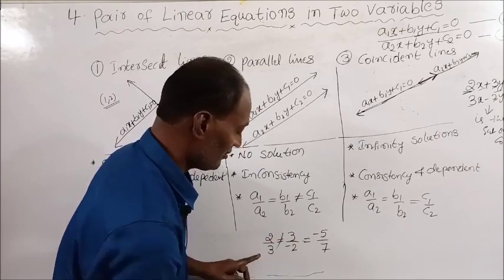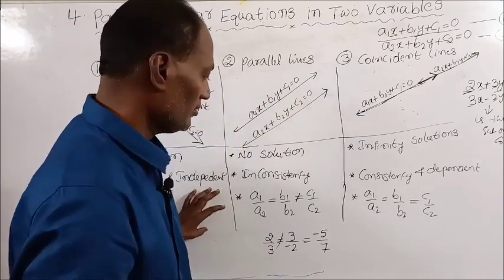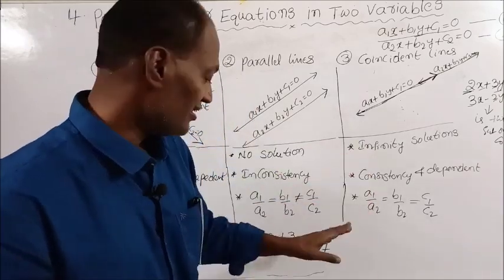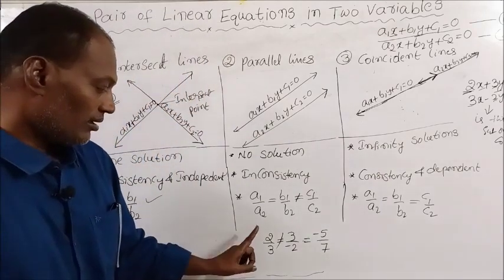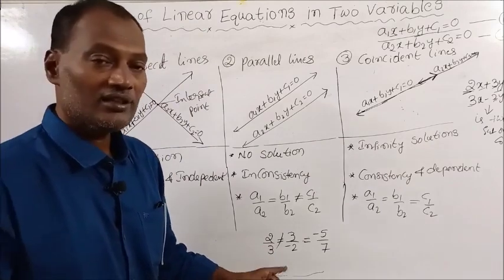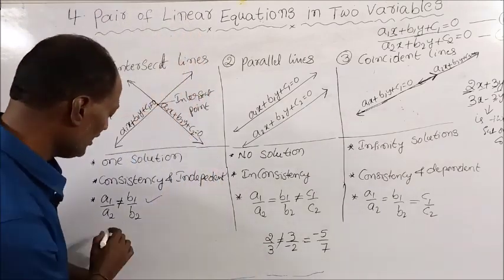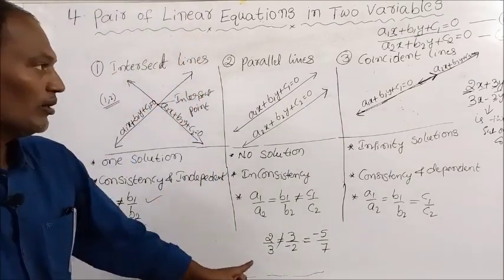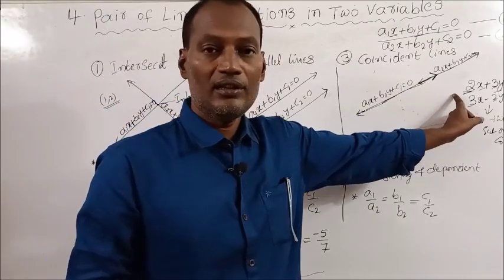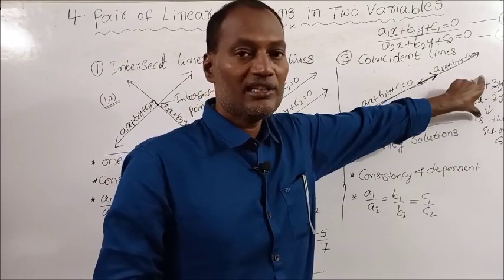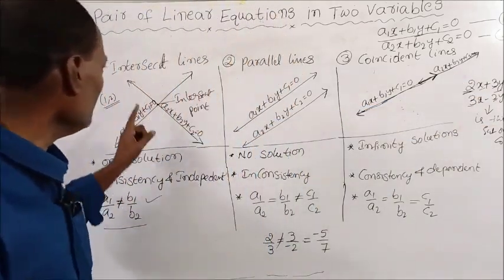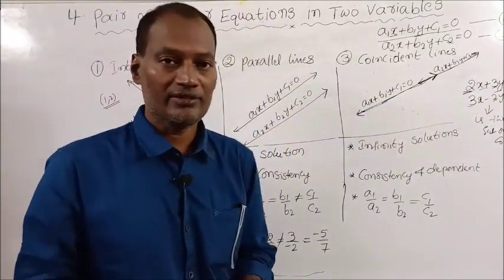See here, in the given options, where is it suitable? Here it is suitable because a1 by a2 is not equal to b1 by b2. So this is a pair of intersecting linear equations.